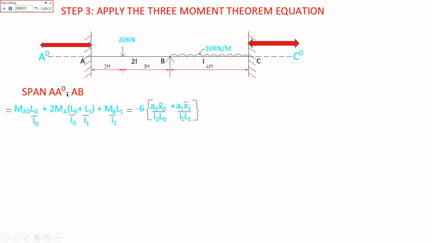To apply the 3-moment theorem equation, we'll have MA L naught divided by I naught plus 2MA times L naught divided by I naught plus L1 divided by I1 plus MB L1 divided by I1 equals minus 6 times A naught X bar naught divided by I naught L naught plus A1 X bar 1 divided by I1 L1. This value is 0, since this is just an imaginary span.